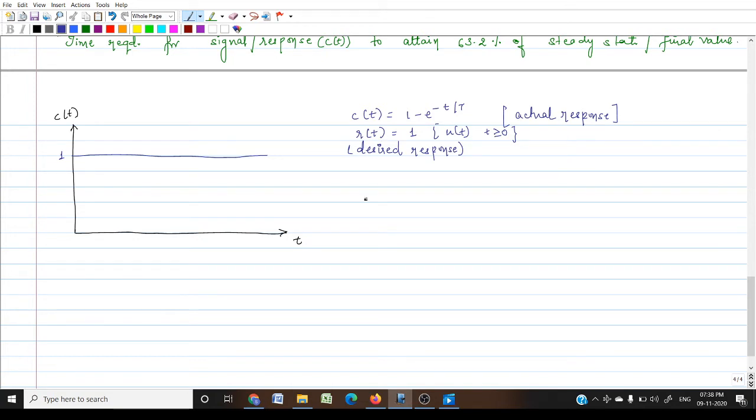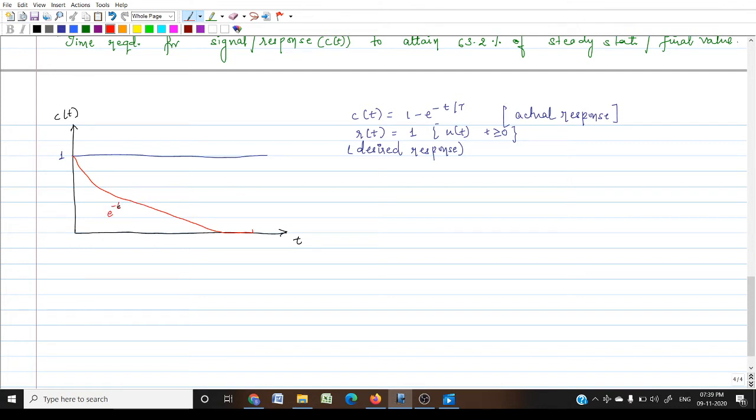So e to the power minus t by tau, we need to plot this curve. It is plotted something like this. This is how e to the power minus t by tau is plotted.